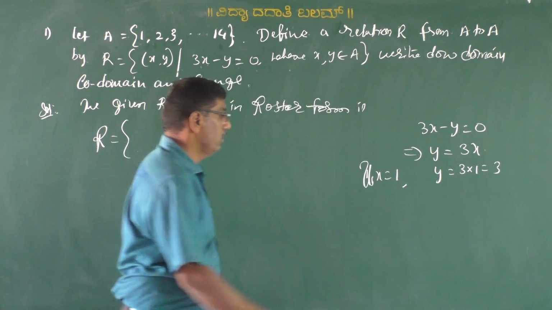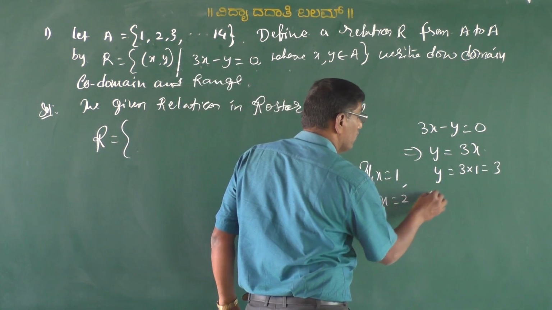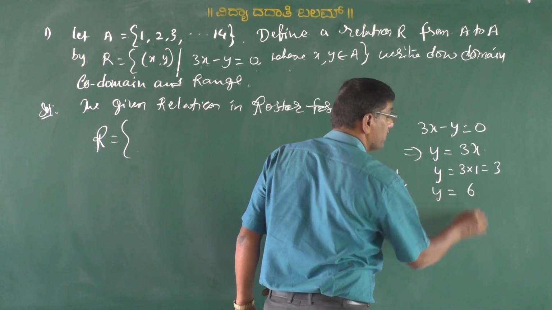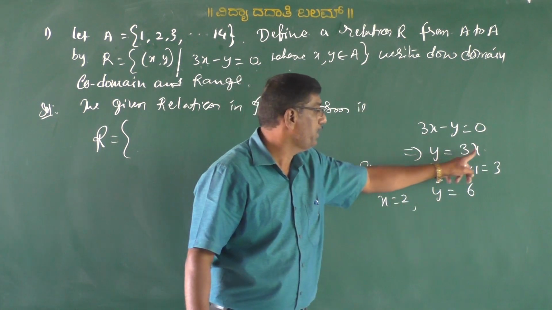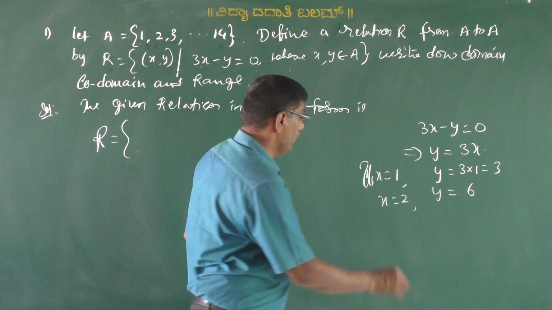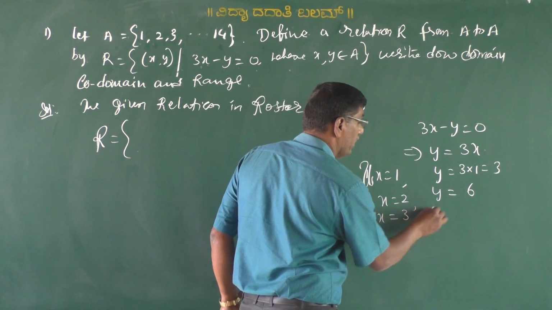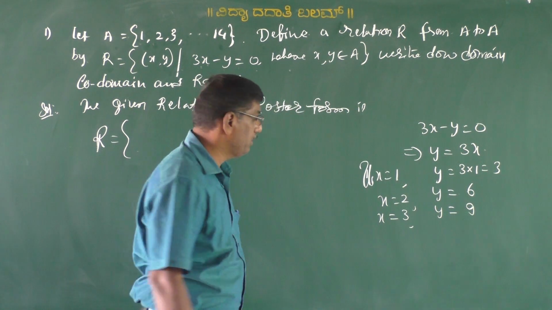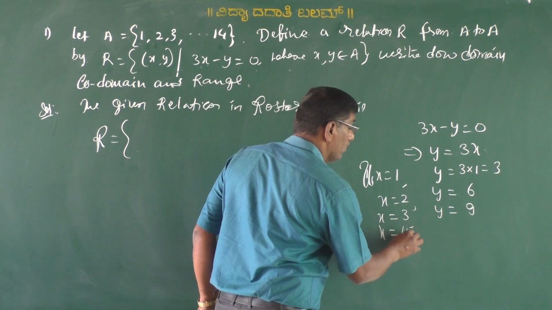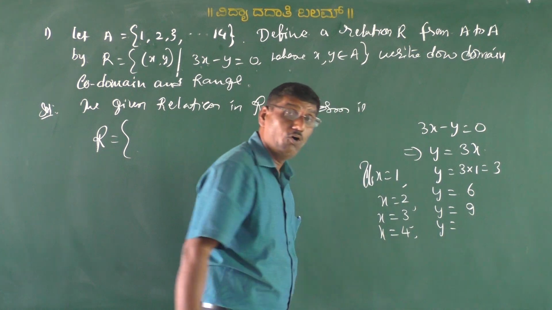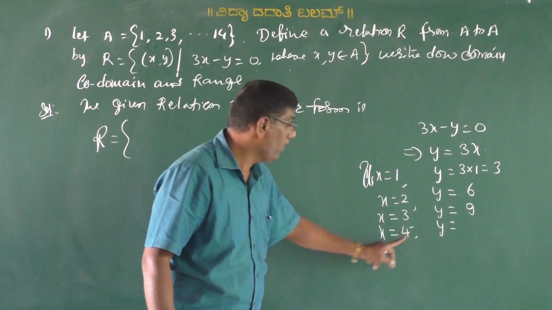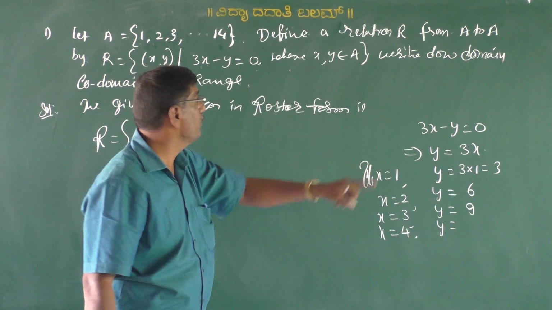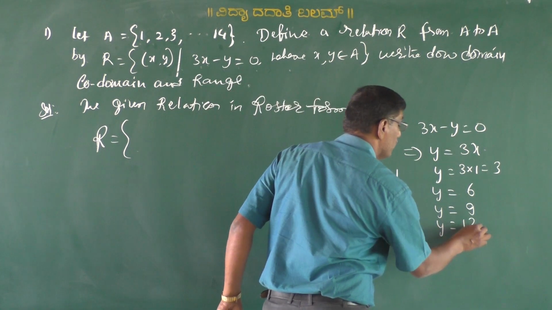If x equals 2, then y equals 6, that is 3 into 2 equals 6. If x equals 3, then y equals 9. If x equals 4, then y equals how much, my dear students? That is 3 fours are 12.